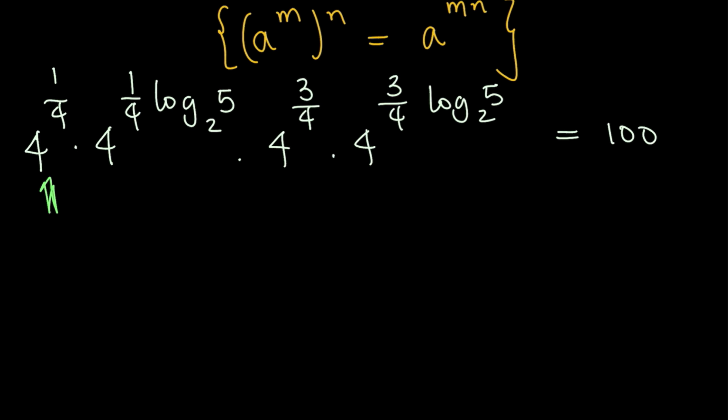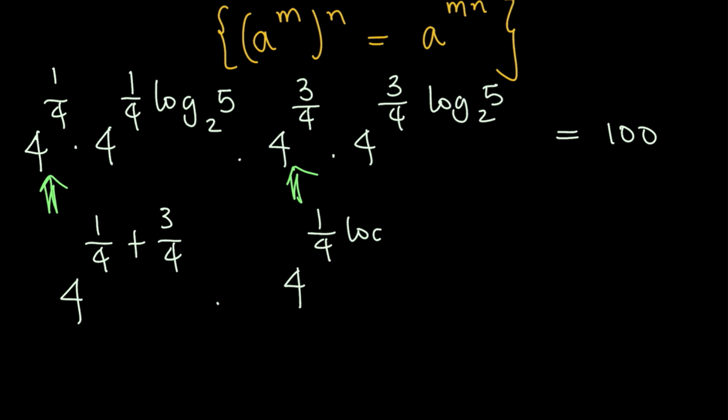This and this can come together to give us 4 raised to power 1 over 4 plus 3 over 4. Then I'll bring the rest together as well. So this is 1 over 4 log 5 base 2 plus 3 over 4 log 5 base 2 equals 100.